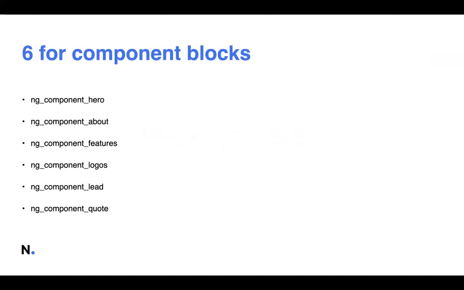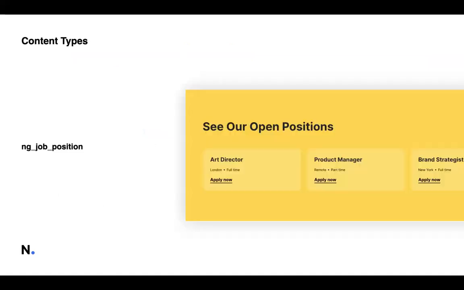So what we also have is new content types in the Netgen stack. Obviously, for each component block, we have a special component content type, which you can change on the project if you need more attributes. We also have several other content types, which we tend to use a lot in all of our projects.